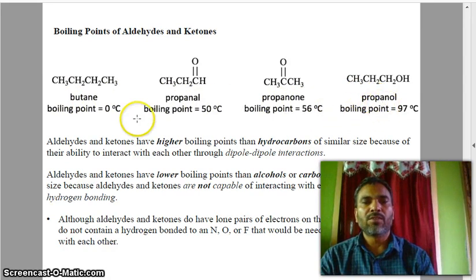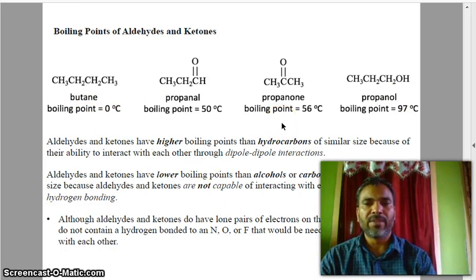So for the boiling points of aldehydes and ketones, look at butane, propanal, propanone and propanol. You see which one is highest, 97, the alcohol, and which one is lowest, the alkane. Aldehydes and ketones have higher boiling points than hydrocarbons of similar size because of their ability to interact with each other through dipole-dipole interactions.